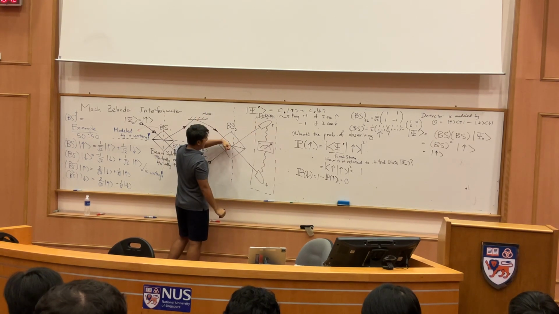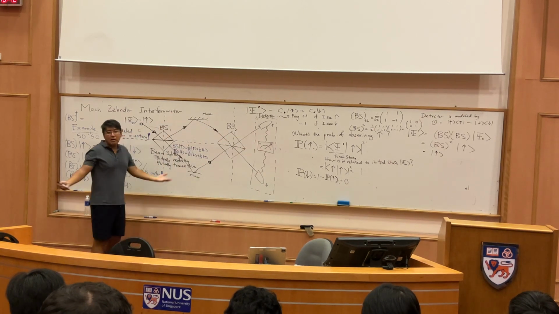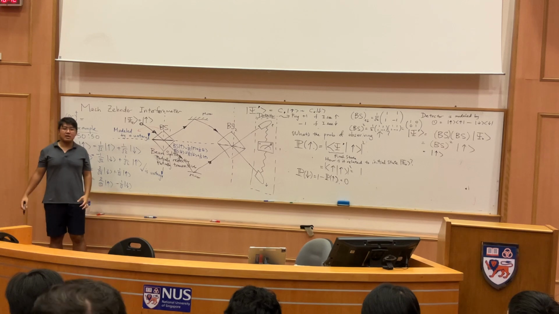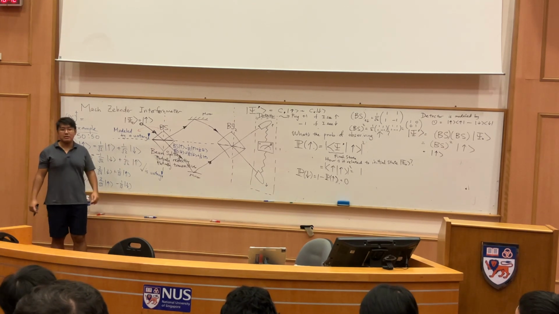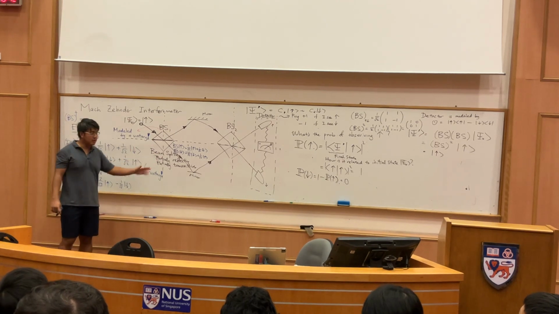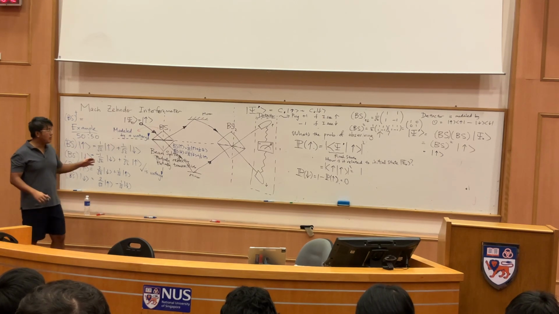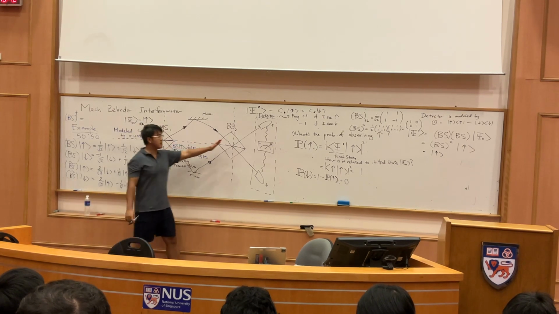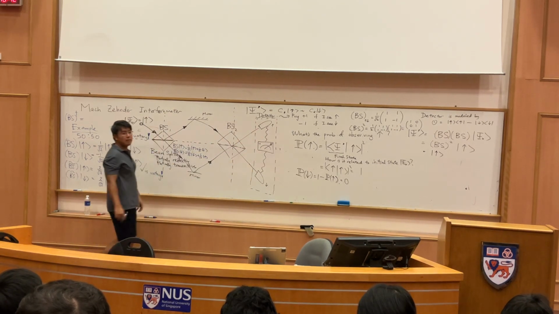Assuming it came from the top, there's a 50% chance of going up. So I would argue that there's a 50% chance of seeing up classically. But no, this is not what happens. What happens is that due to the nature of quantum mechanics, you get interference, completely constructive interference along this path, and destructive interference along this path.